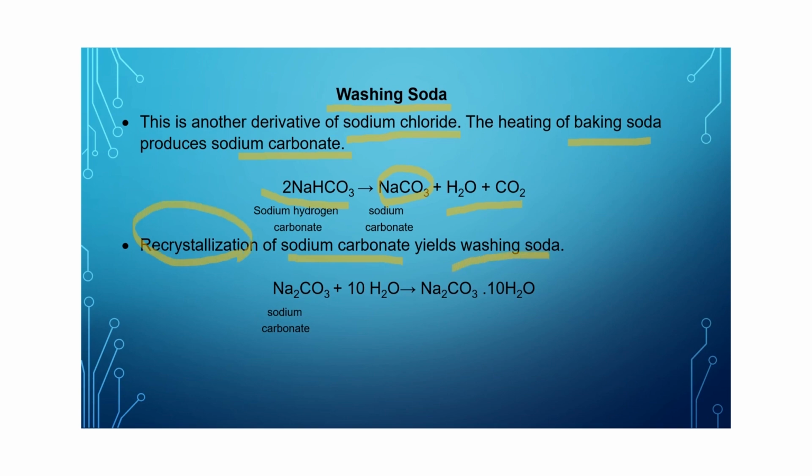You can see the reaction. So basically, when sodium carbonate recrystallizes, it forms its hydrate, and the hydrate is sodium carbonate with 10 water molecules, Na2CO3.10H2O, which is washing soda. So now you know washing soda is the hydrate of sodium carbonate.